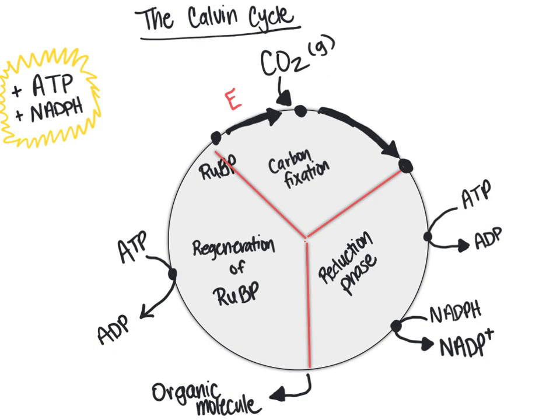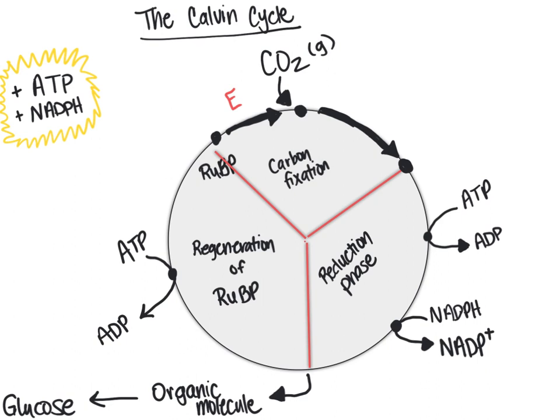Eventually, after the Calvin cycle has turned numerous times, you are going to make glucose. And so it will take multiple turns of this Calvin cycle and multiple molecules of CO2 to eventually create a glucose molecule.